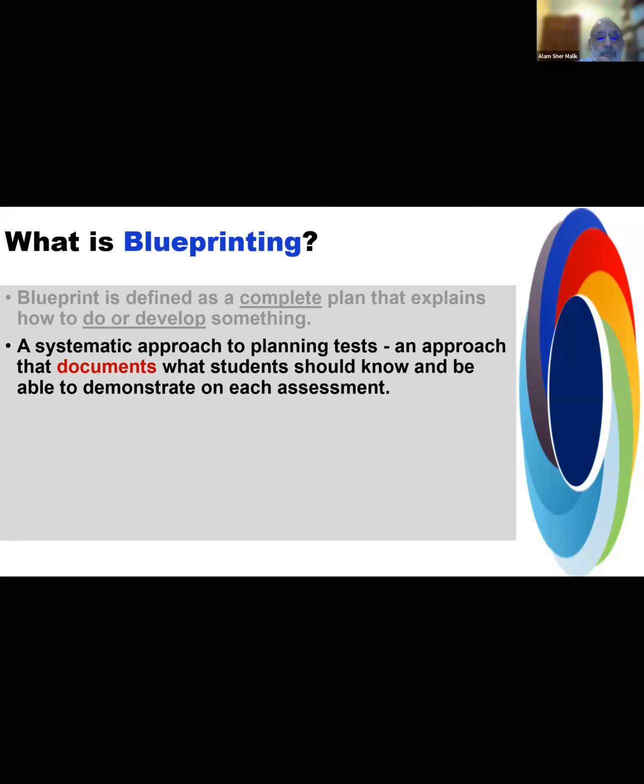When it comes to assessment, it is a systematic approach to planning tests, an approach that documents what students should know and be able to demonstrate on each assessment.